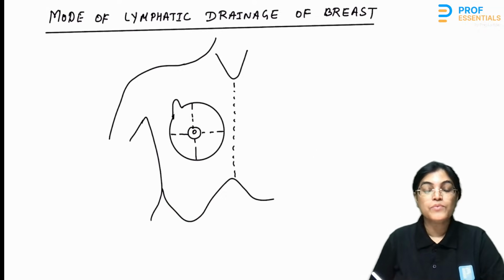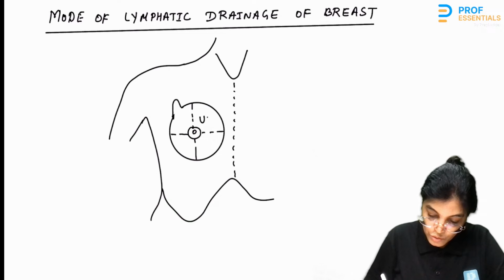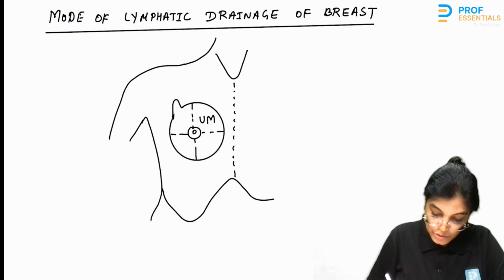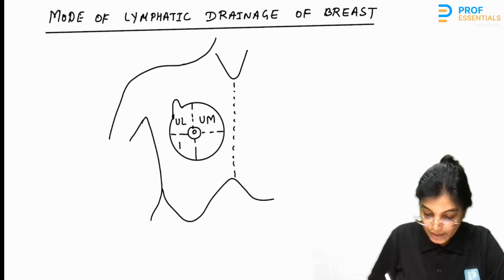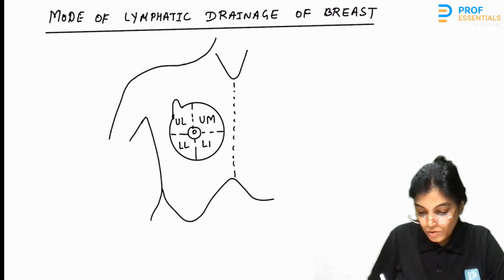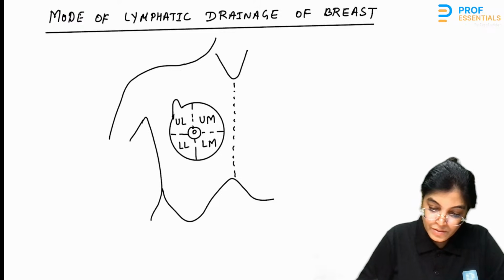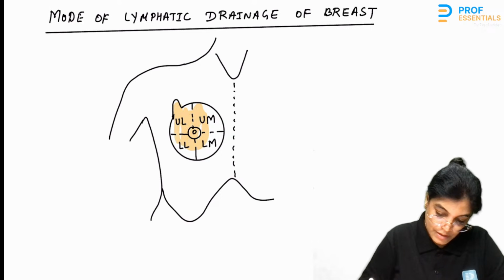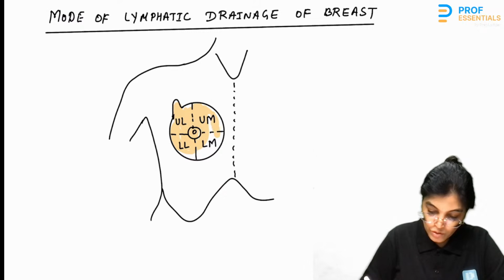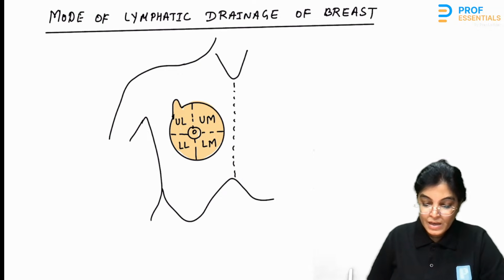You can mention UM, upper medial quadrant; UL, upper lateral quadrant; LL, lower lateral; LM, lower medial quadrant. Is it okay? So this is the outline of the breast which has been drawn, and it is divided into 4 quadrants.